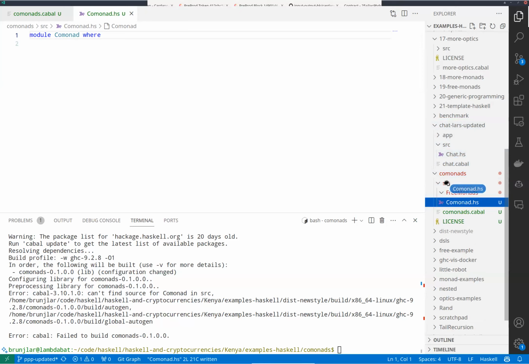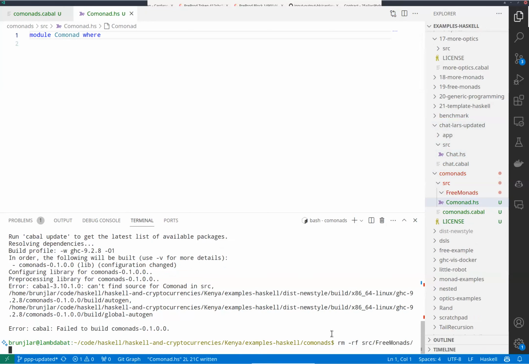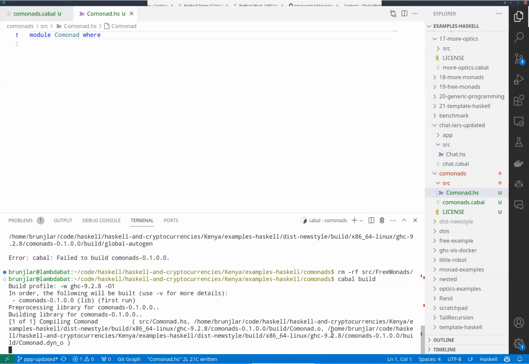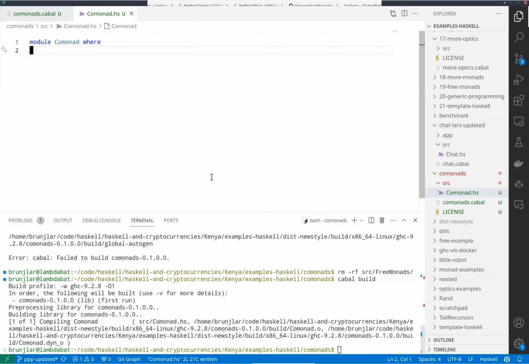You have to delete the monads folder. Okay, now it should hopefully work. Did it work? Yeah. Okay.